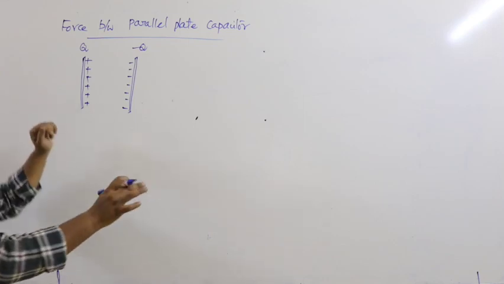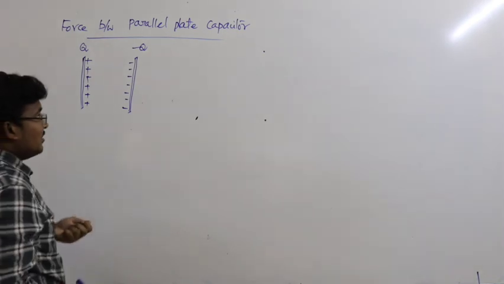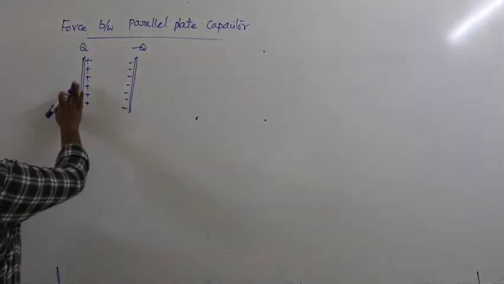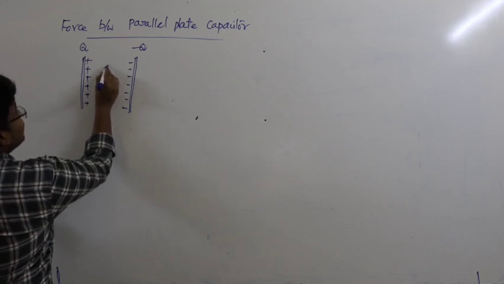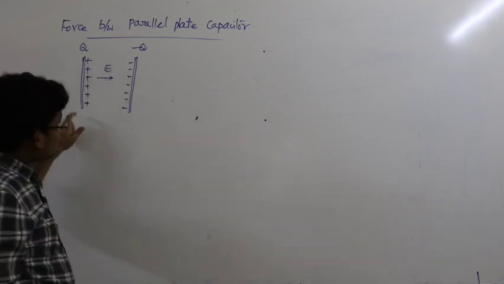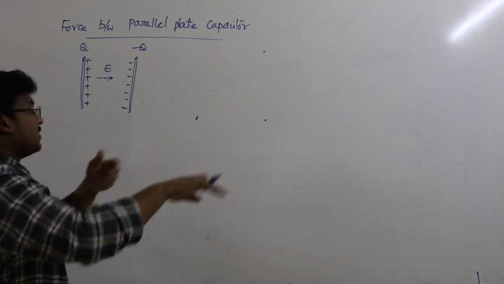See, here the first plate is attracting the second plate, which means this positive plate has some field intensity. This positive plate has some field towards the right side.